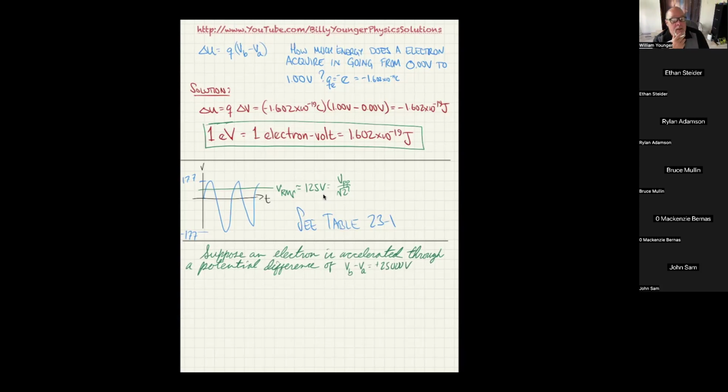Okay. Part A: what is the change in potential energy of the electron?